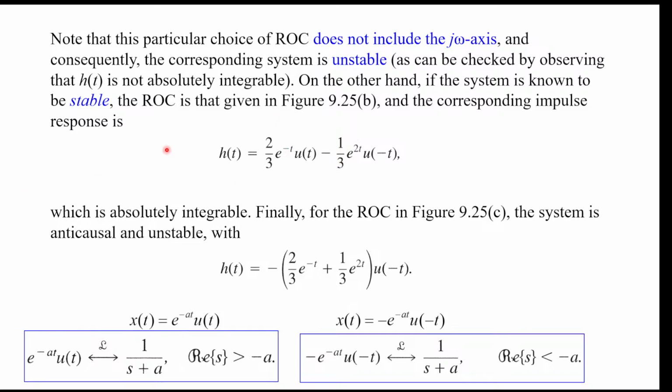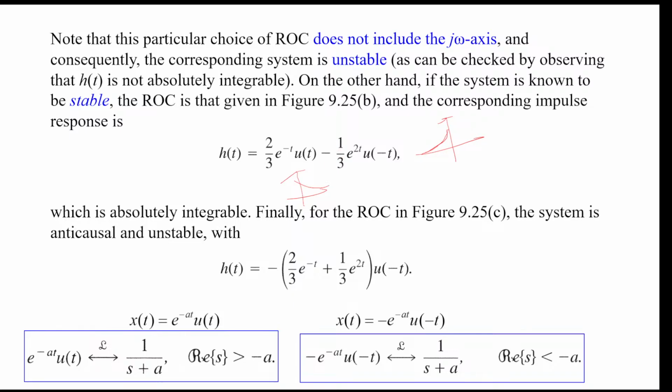But now we see that both of those terms are exponential decay. This is a right-sided exponential decay function, and this is a left-sided exponential decay function. So both of them are exponential decay, and this is absolutely integrable.